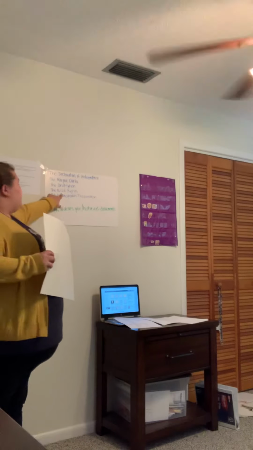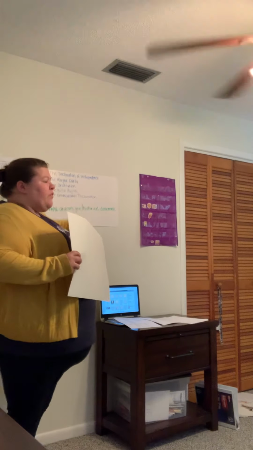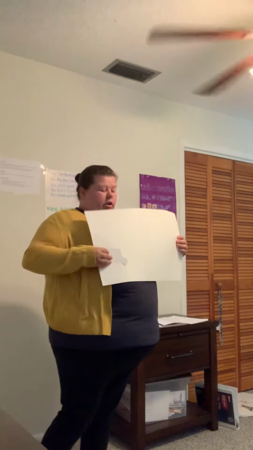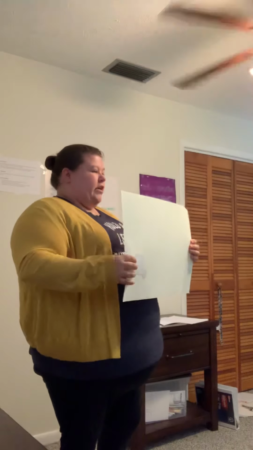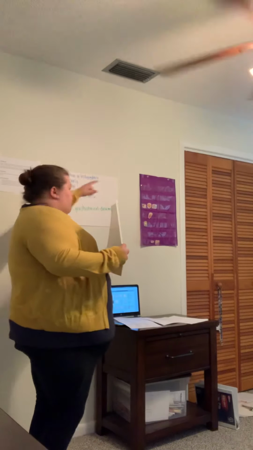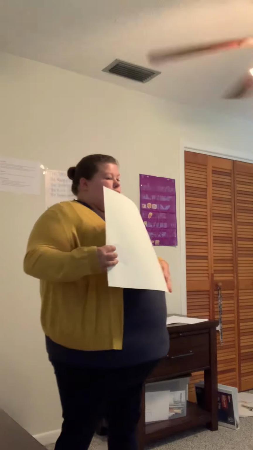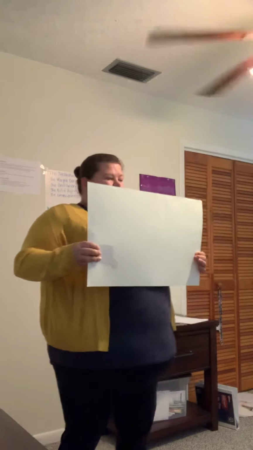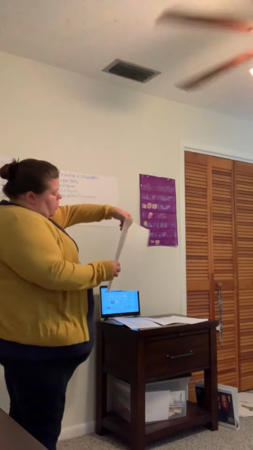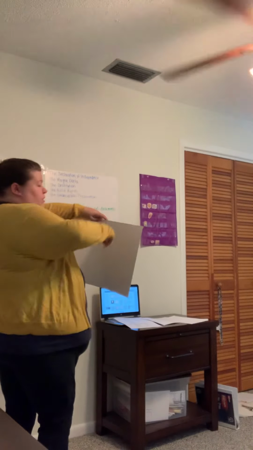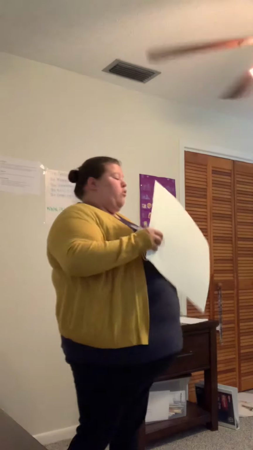So whichever one of these comes first, I want you to put it on your poster board first. Whichever one comes second, put your card second until you have them in order. Okay? And then you can draw on it. Draw a road, draw some trees, some buildings, so it looks like a road map.